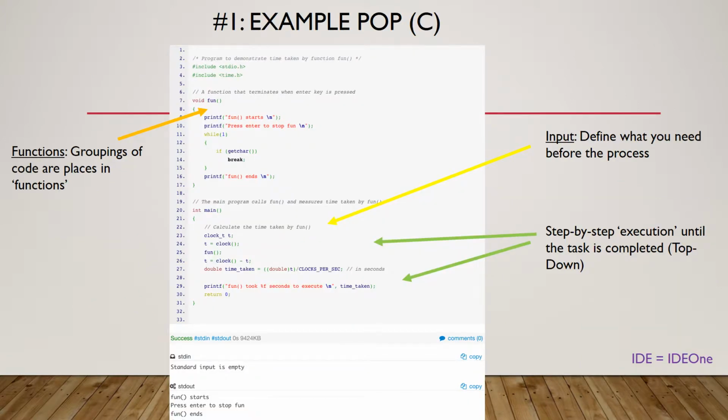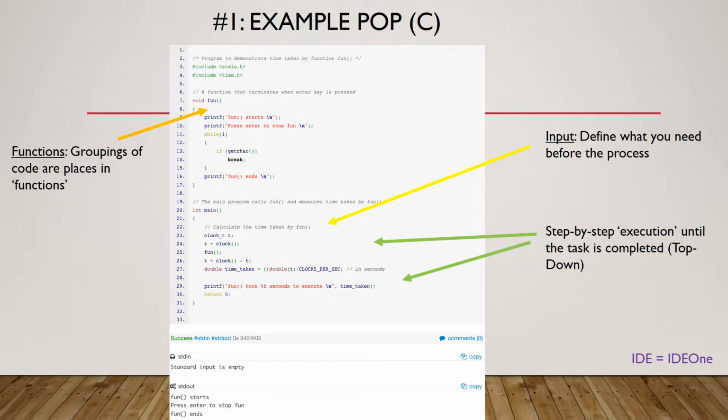Here's an example in C of a procedure-oriented program. Again, there are two functions here, and the process is very linear. One is called the fun function, and down below is a function called main.